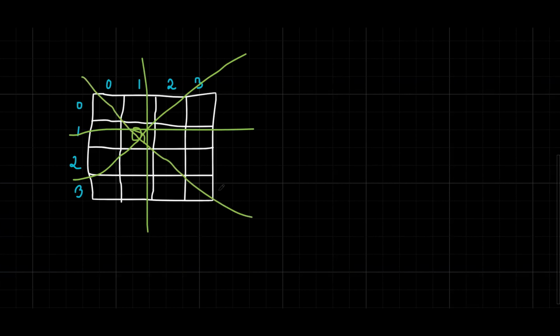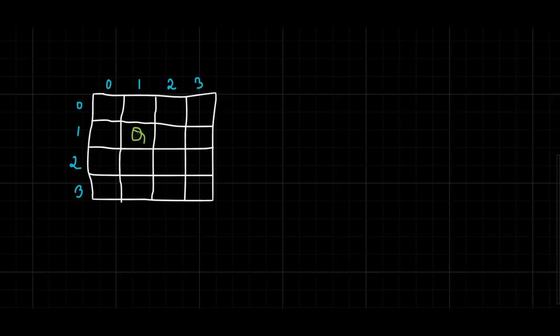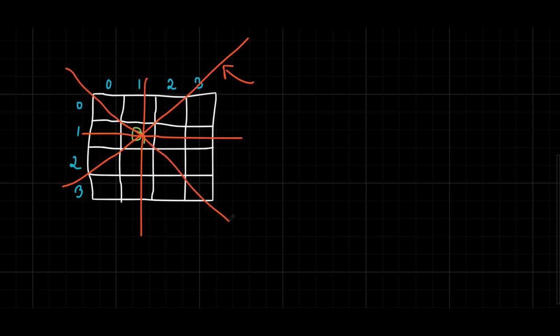So a queen can attack a cell if the cell is in the same row, the same column, or the same positive diagonal. I am calling this the positive diagonal because the slope of this diagonal is positive, and likewise for the negative diagonal. So for each queen, we have to check 4 conditions.